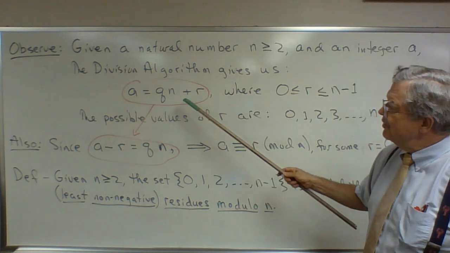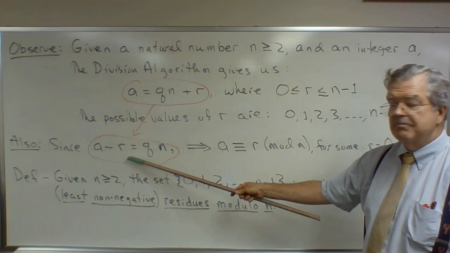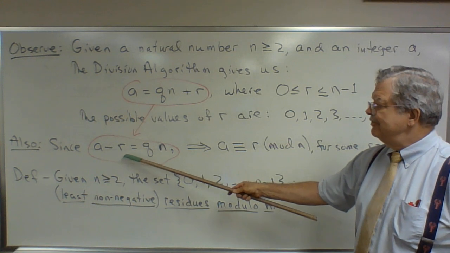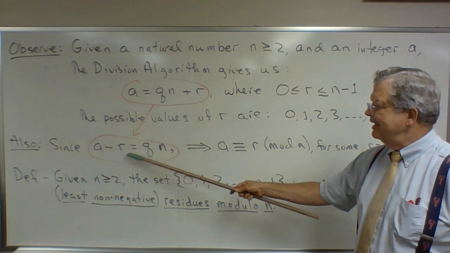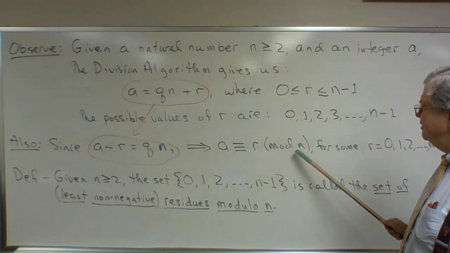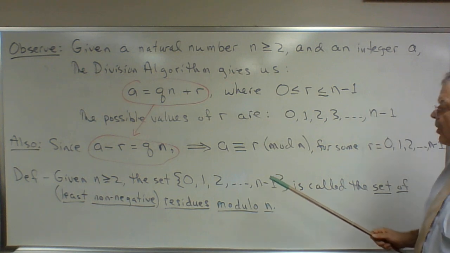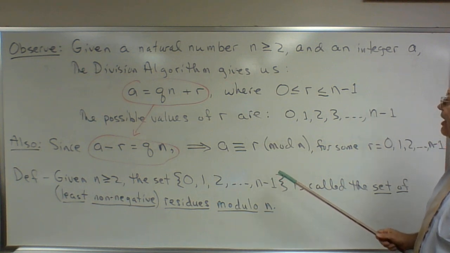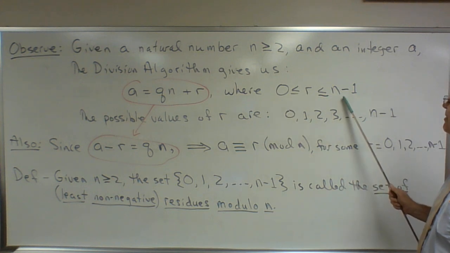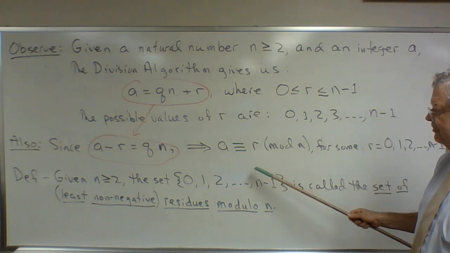And when we rewrite this equation in this fashion and realize that what this equation is telling us is that a is congruent to r modulo n, there's only one integer between 0 and n minus 1 that will work here.